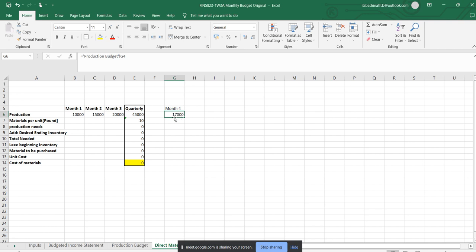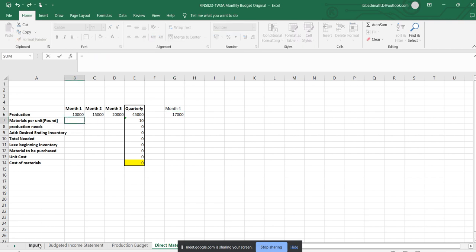Based on the number of units, we will be calculating how much material is required for producing those units, and for each unit of material that is used, there is a cost that is allocated. So when we multiply total number of units by that cost, we will get the total cost that is required to produce whatever production we plan. So what is the material per unit cost?